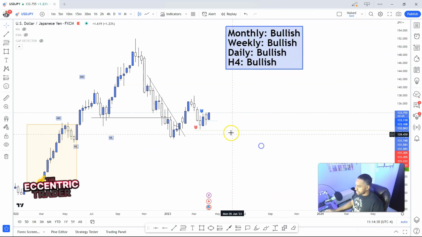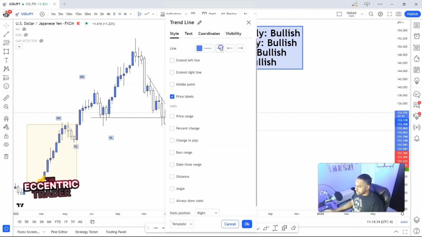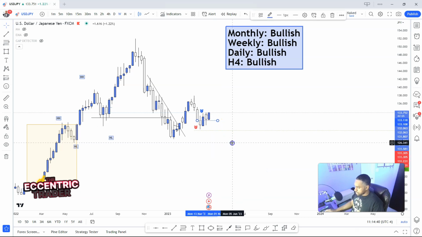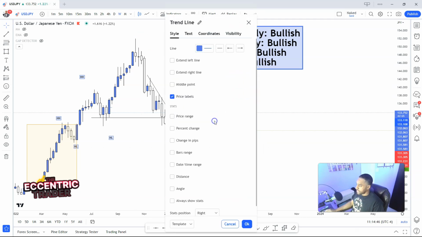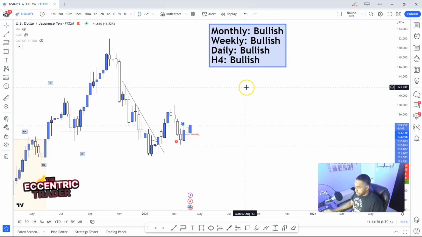Mark off the tip of the candle, the tip of the candle's open, because we want to look on the lower time frames to see what's going on, right? And I'm going to put weekly right beside it, just so we know what time frame we drew it on.